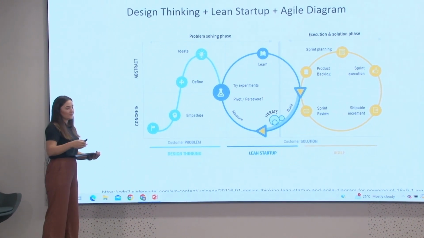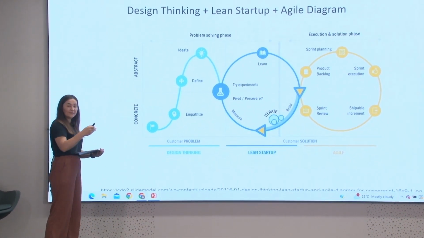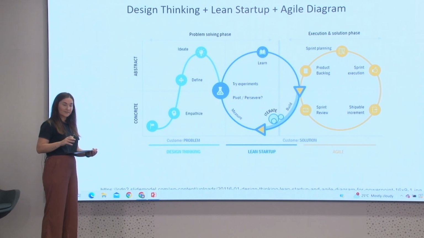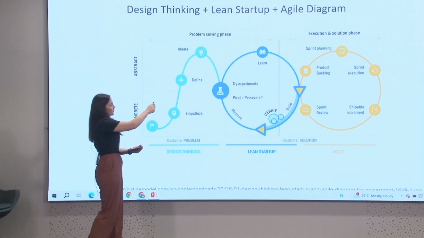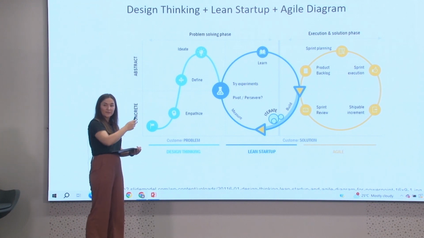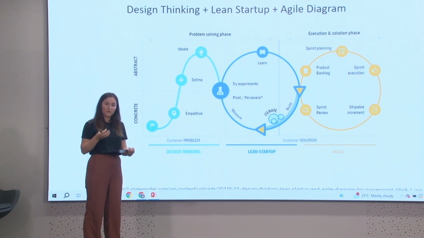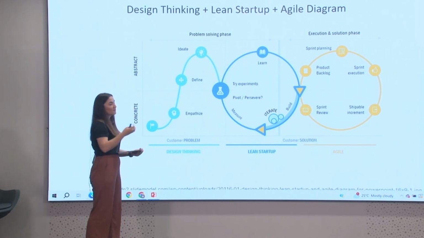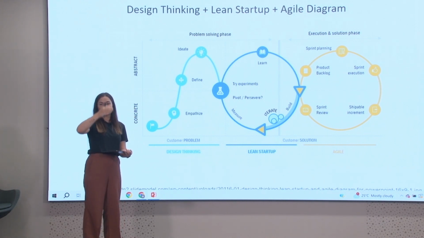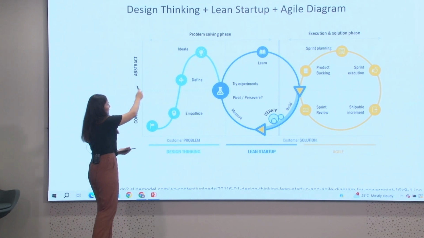Once you define it and you ideate and you have a few ideas, then you enter into the build, measure, learn loop. Because you learned you have a problem, you have a solution, and then you need to build a test so you can validate it. So this is a bit of how you combine them.